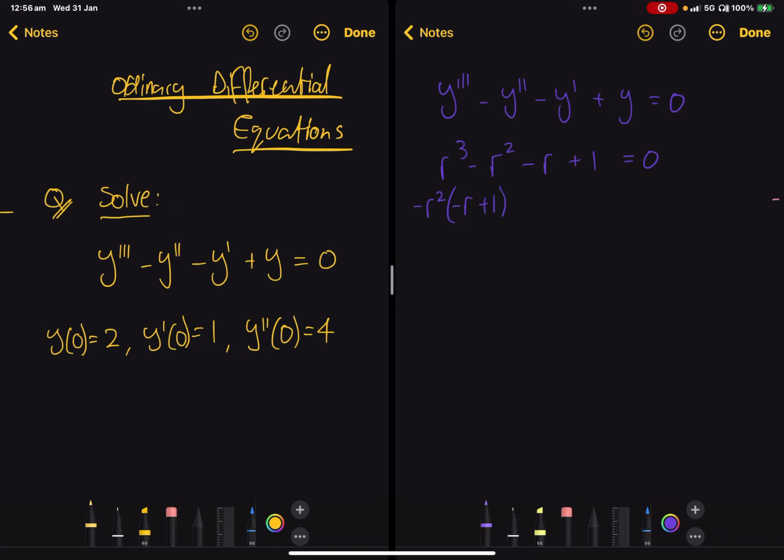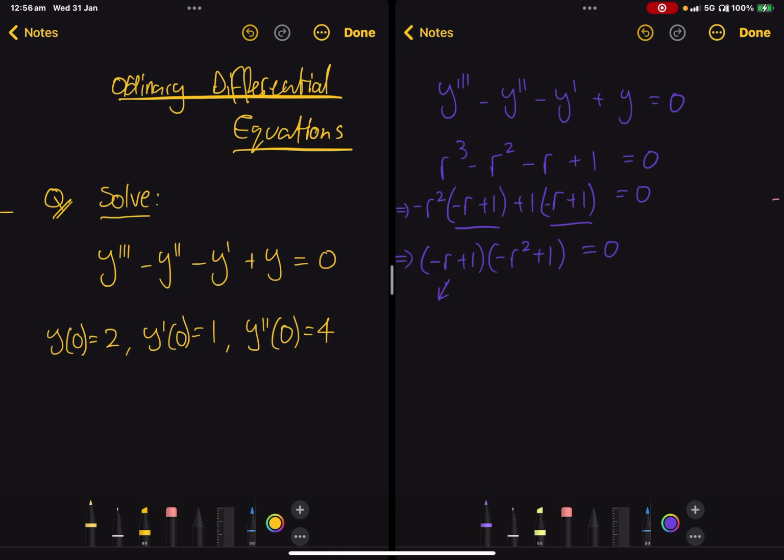And then the second term, we can factor 1 out of it. We have plus 1 times (minus r plus 1) equals 0. We can factor minus r plus 1 out of both of these. So this will give us (minus r plus 1) times (minus r squared plus 1) equals 0.